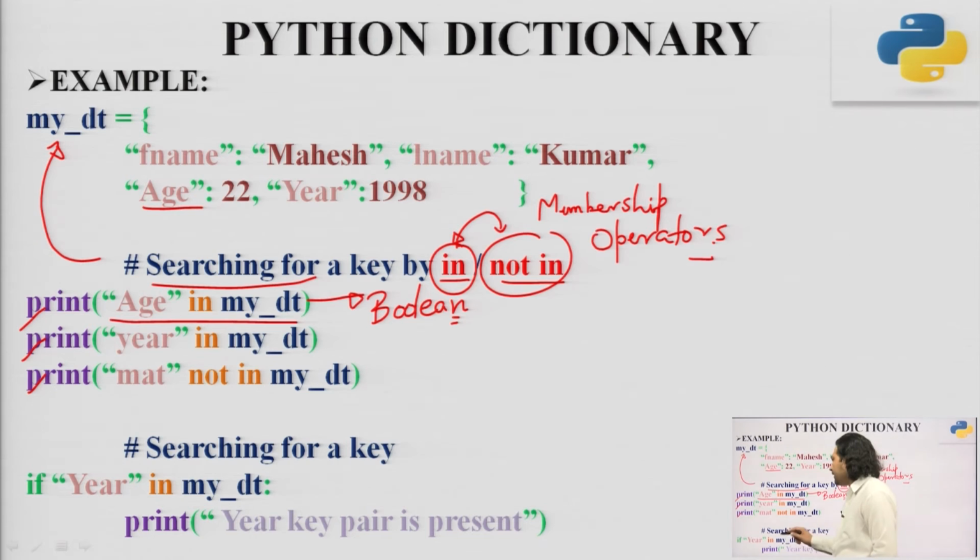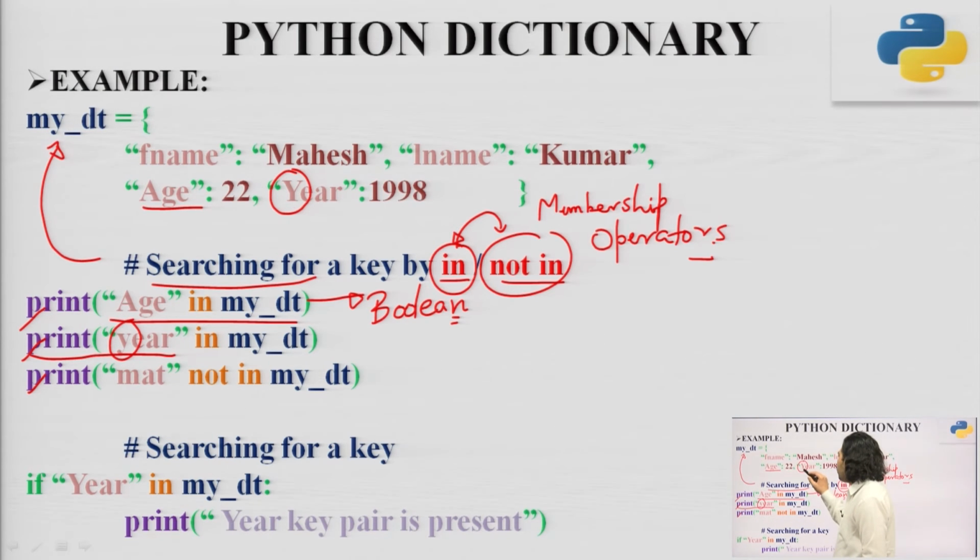The second thing is, here in the second statement we are searching for the year key in myDT. Now, look at this one, the y is in lower case, it is not in upper case. In myDT variable the Y is in upper case.